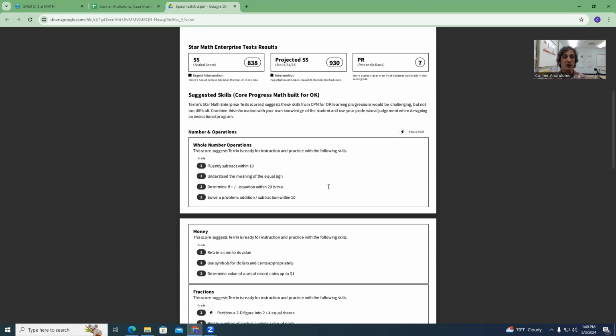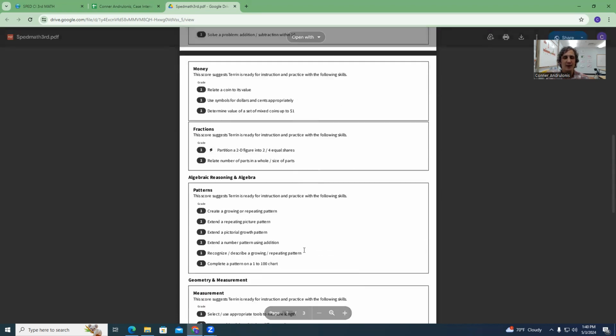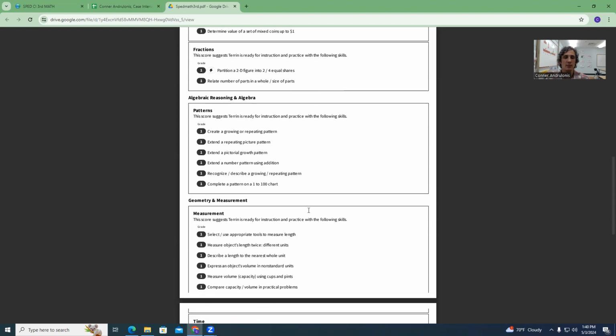So I'm not going to read every one of these to you. We've got whole number operations here, which is addition and subtraction, working with money, fractions, patterns, recognizing, oh, here's a group of numbers. I can see that this set is increasing by 5 each time, or this set's decreasing by 3, or then writing their own patterns.